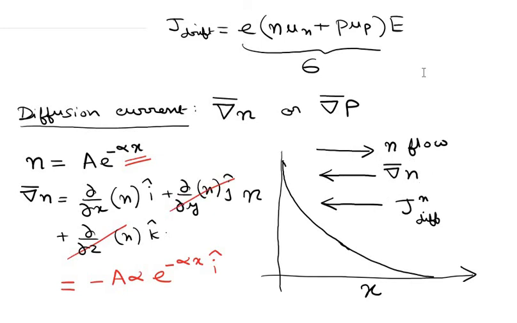So the diffusion current for electrons, which we again call Jn diff, is actually the diffusion current density, not the diffusion current but the diffusion current per unit area, because n is the electron concentration per unit volume. So Jn diff is directly proportional to the gradient of electrons, and its direction is also the same as the gradient of electron concentration.